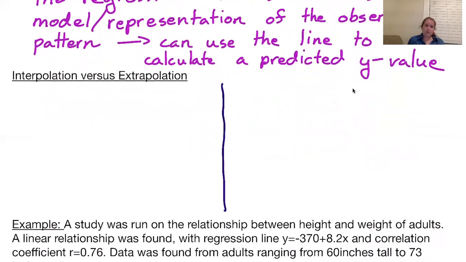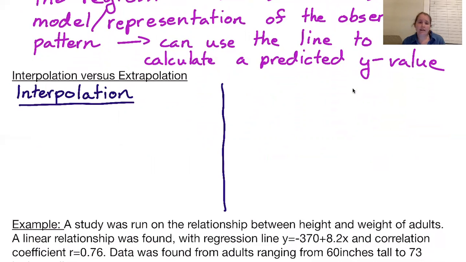So for interpolation, the x value we are trying to make our prediction at is surrounded by our data.